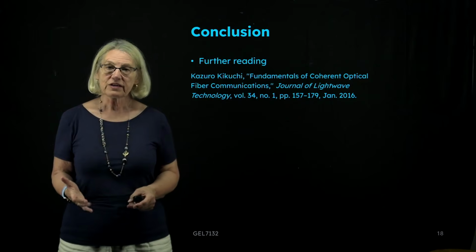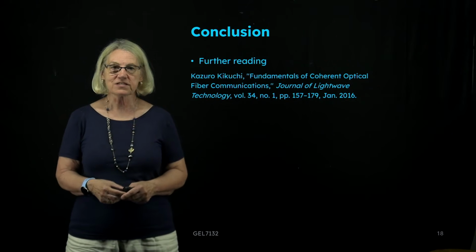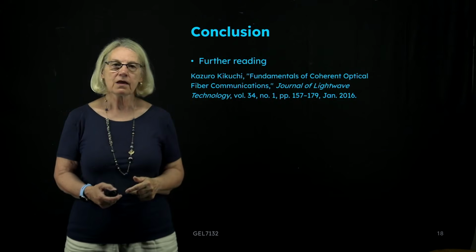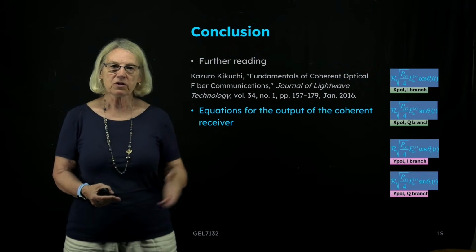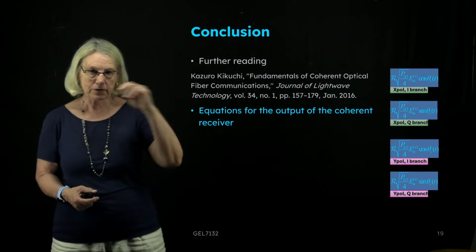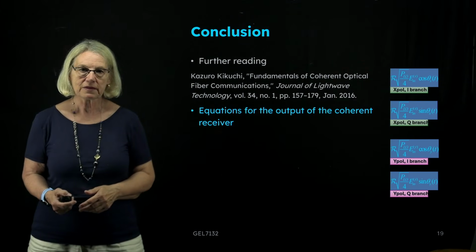So in conclusion, you can find the equations and the details of this derivation in this tutorial paper. And they will give you all these exact representations for these equations that I put up very briefly in the lecture.